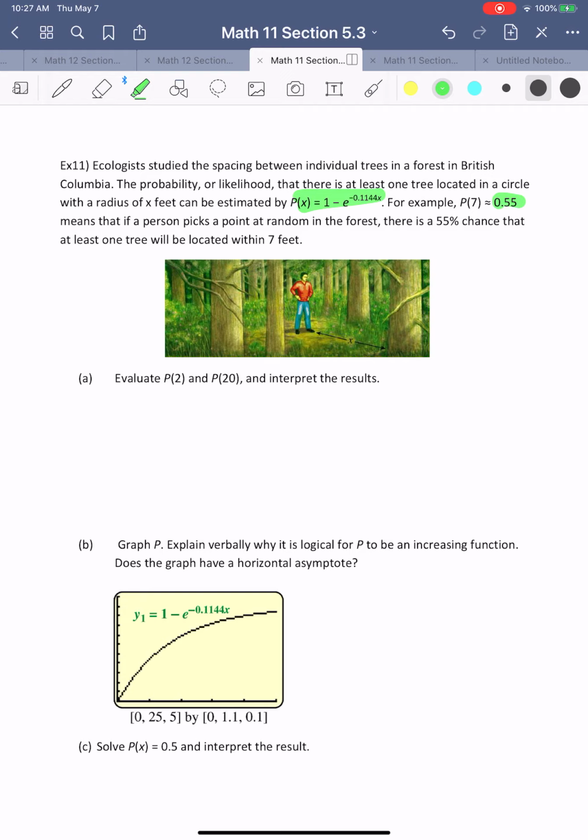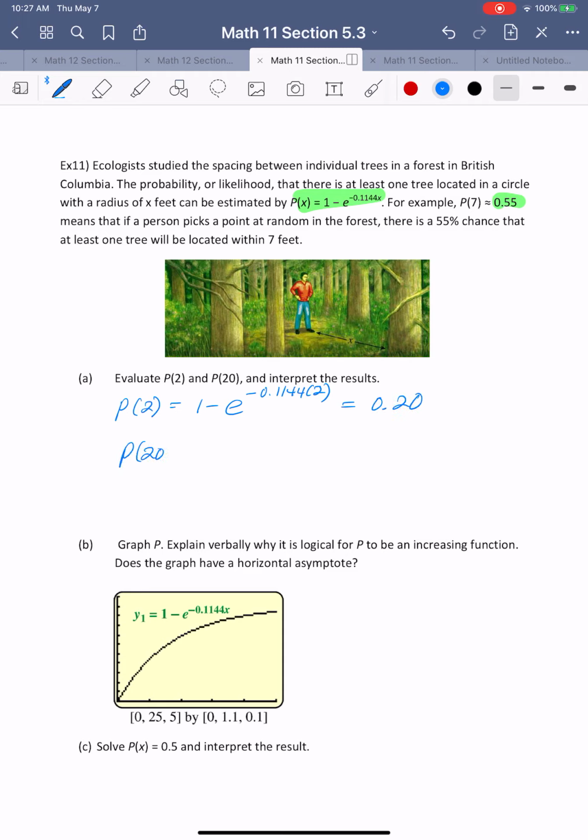So you need to figure out P of 2 and P of 20. P of 2 is a 2 feet distance, right? So 1 minus e to the negative 0.1144 times 2, and I got about 0.20.